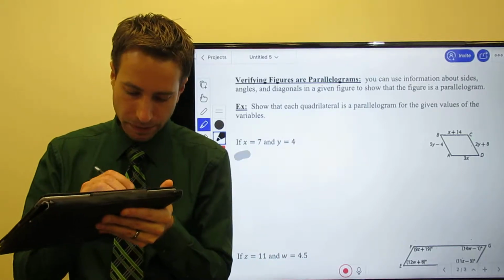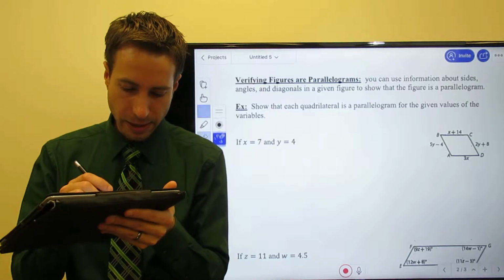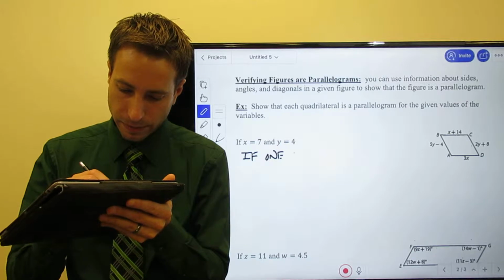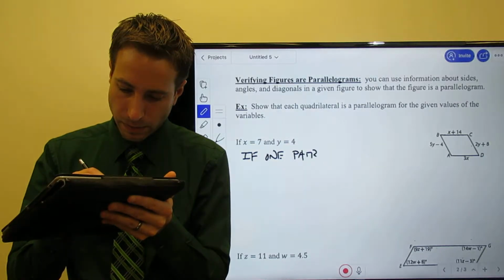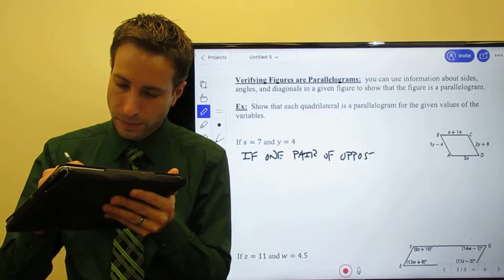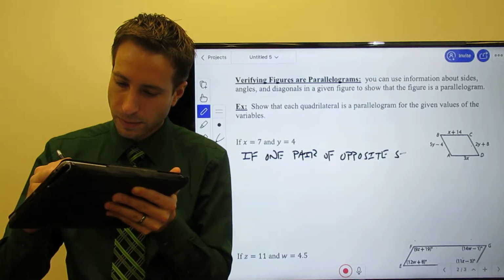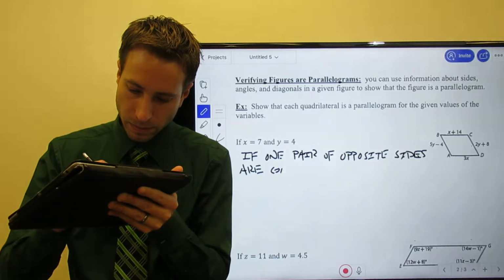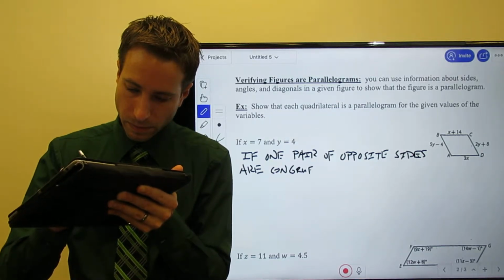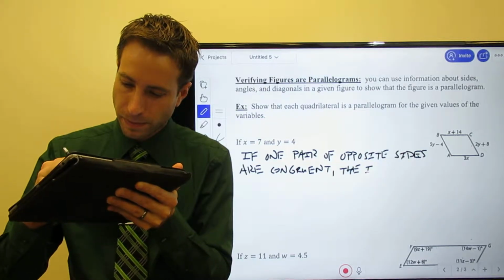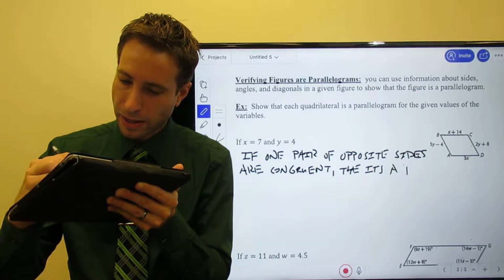If one pair of opposite sides are congruent, then it's a parallelogram.